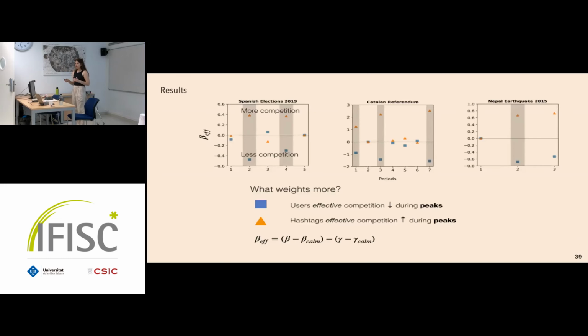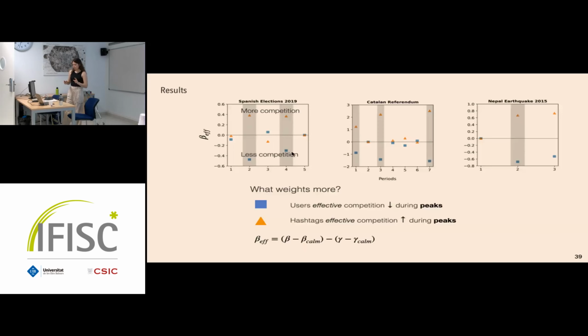The results we have are pretty robust for all our data sets, in the sense that in the peaks of the events, which are the gray regions, all the hashtags experience more competition, and the opposite is the case for users. Users, during peaks of attention, experience less competition. How is this possible?